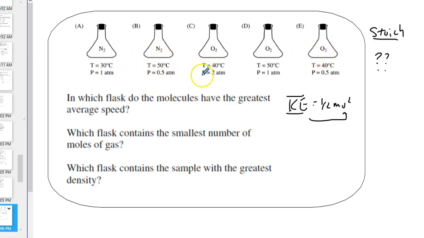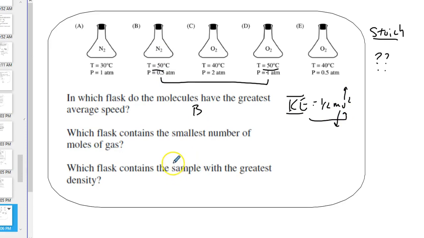Okay, so I'm going to go with temperature here. Alright. Highest temperatures, these 2. And then of these 2, because nitrogen has a lower mass, it's going to have a higher velocity. So B is the one that has the highest average speed.